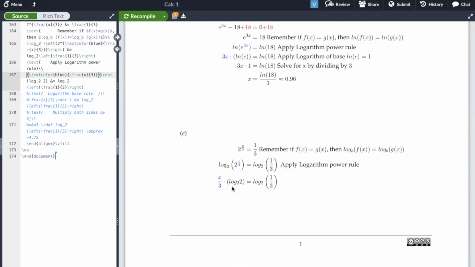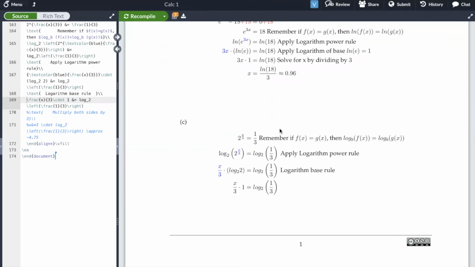And now here, we have a logarithm with the same base as the 2. And by using the base rule, we can cancel the logarithm out. So that whole thing here is just 1.